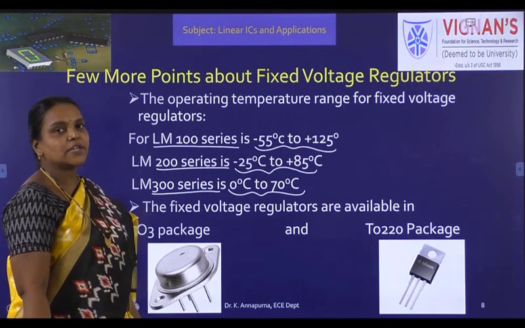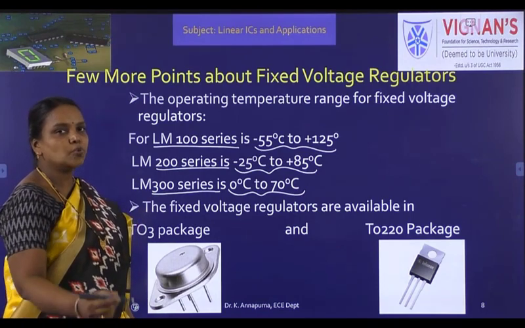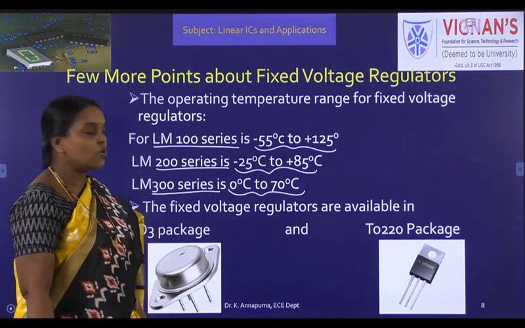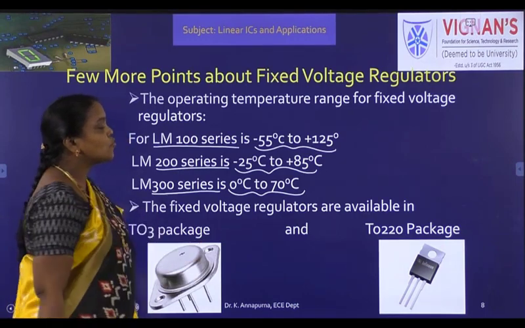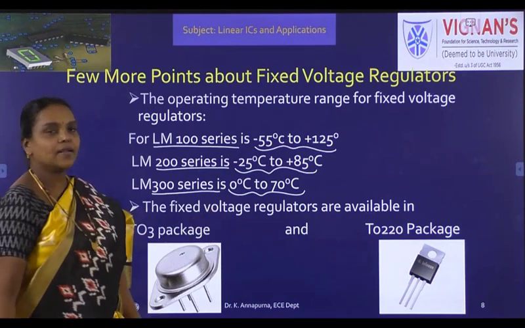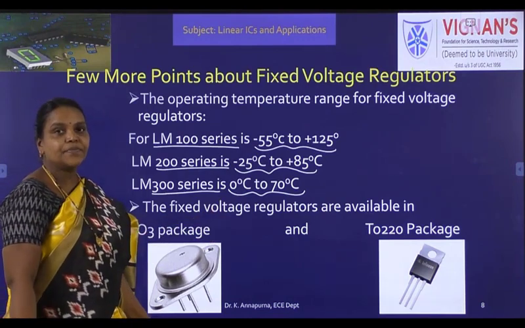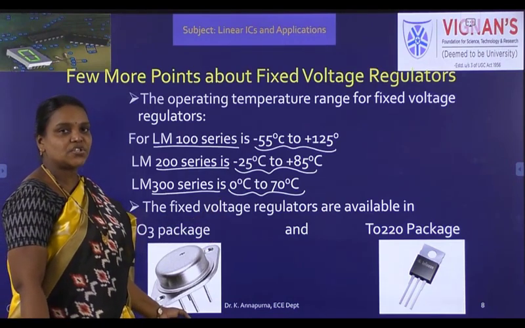And these fixed voltage regulators are available in 2 packages. The first one is TO3 package, so it looks like this, and TO220 package, so it will be like that.